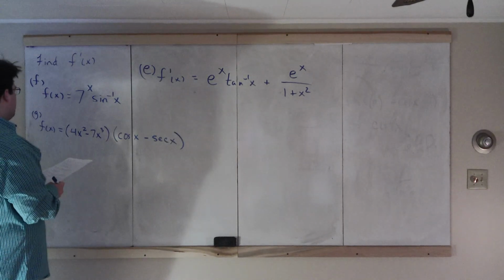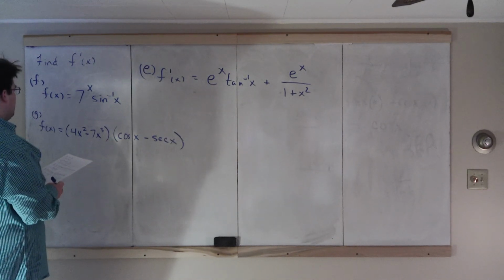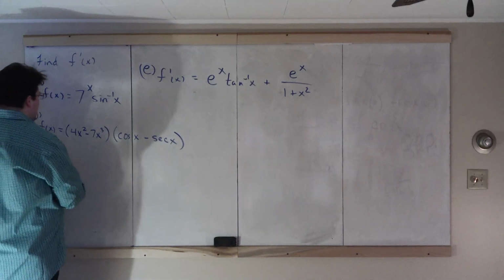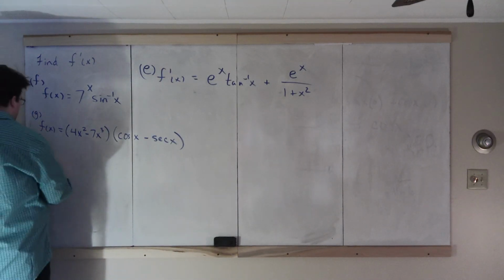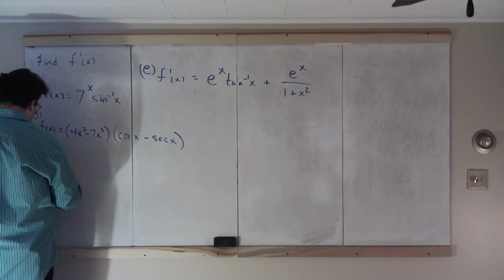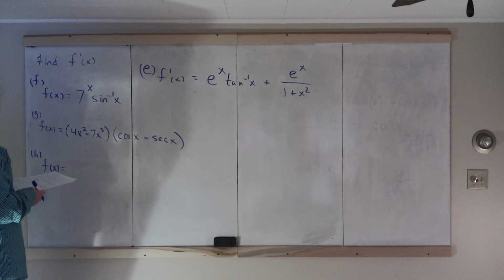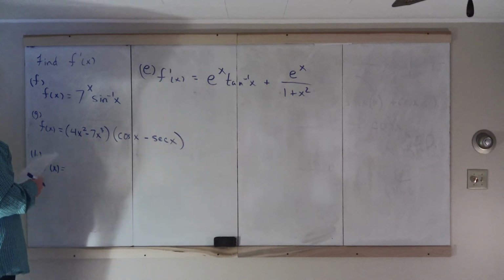So we did general exponential. We didn't do a natural log, so let's do one with a natural log. We did cosine, secant. Let's do inverse cotangent.